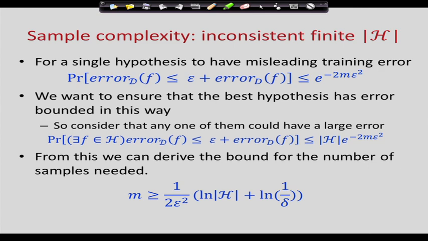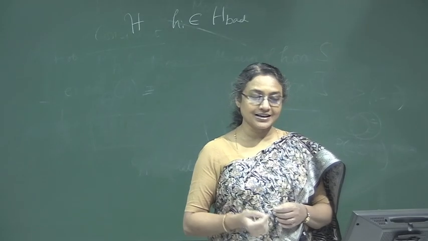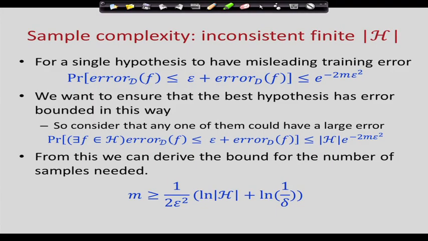So, if you have this many examples, then the hypothesis which comes up with a training error of x will correspond to a hypothesis whose true error is less than or equal to epsilon plus x.